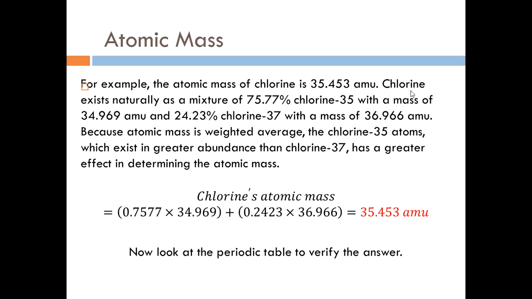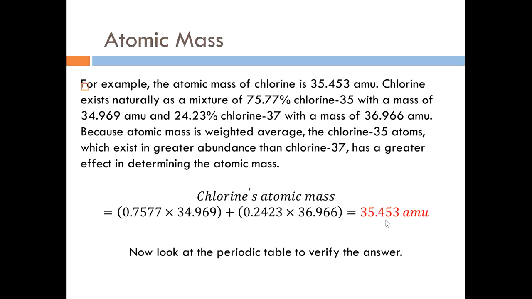And when we try to calculate chlorine's atomic mass, what we do is we take the percent abundance, which you can't use the percent, so we change it to a decimal, and you multiply by the mass of that isotope, and then you do it again. Okay, so you do it however many times you need to, however many isotopes it may have, and you add it together, and you get an average atomic mass of 35.453.